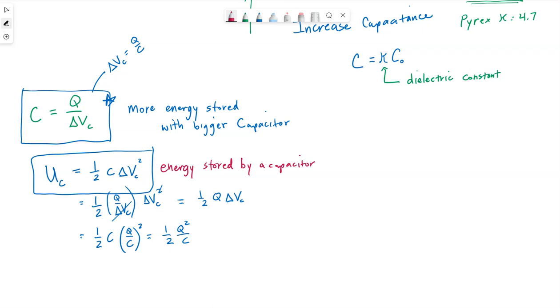It's energy stored though, and that energy in turn can be used to do work, to cause charges to move quickly through a circuit. A common example would be the flash on a camera, particularly the older cameras. I don't know how these beautiful cell phone things work at this point.